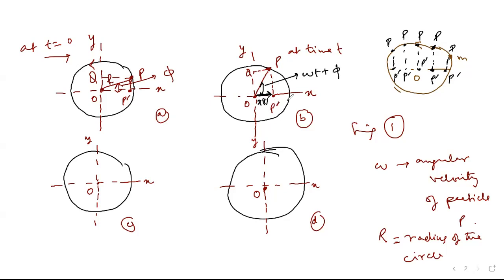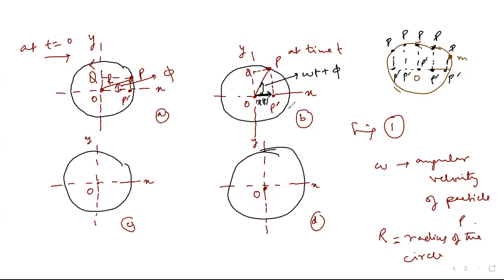So t time later, this angle will be increased to omega t plus phi, because omega is the angular velocity. That means in t time, the OP vector will move through omega t angle. So already it had angle phi with the x-axis. Now it will have omega t plus phi, right? I hope it's clear.